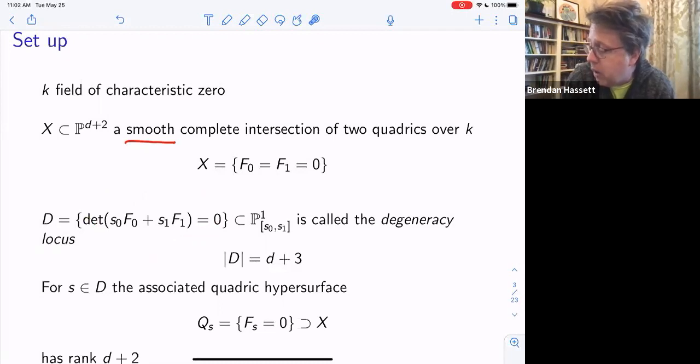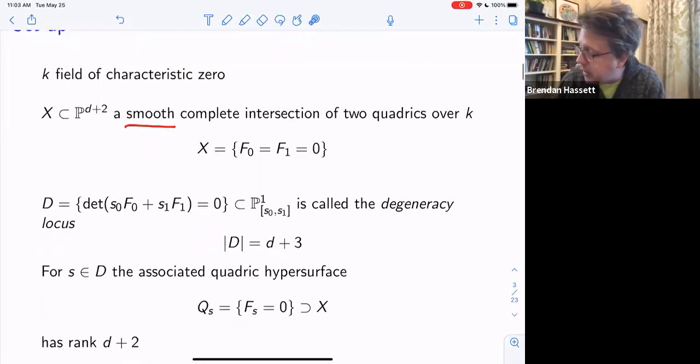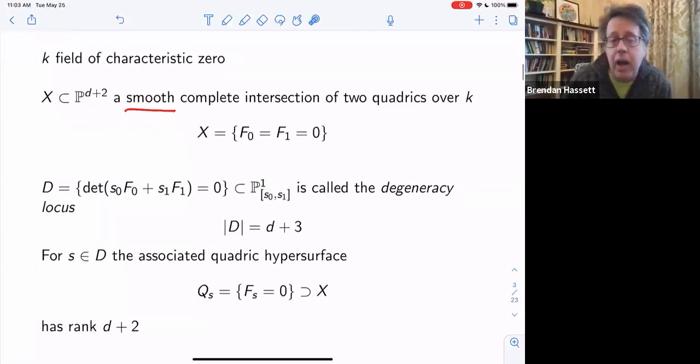And that gives you a homogeneous polynomial in S0 and S1 of degree d plus 3. And I'm going to call this the degeneracy locus of the family. So this is an important invariant that actually determines X over an algebraically closed field up to isomorphism.